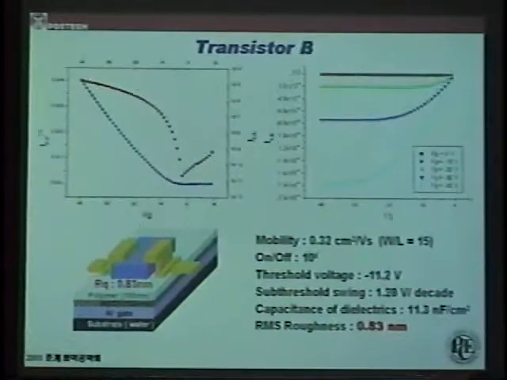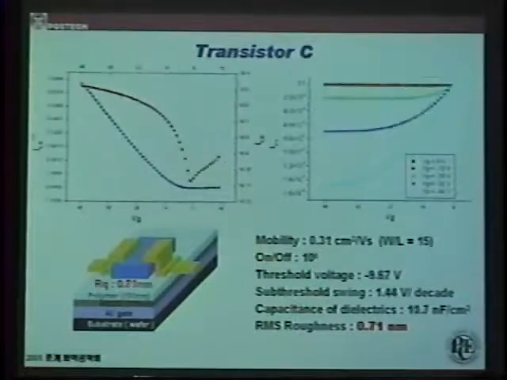Next. With the smaller roughness, 8 angstrom, the mobility is a little bit higher, but the other properties are almost the same.